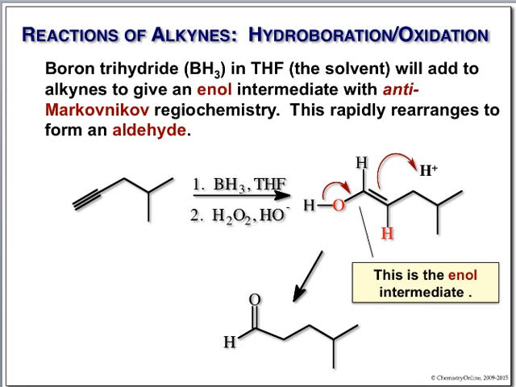Now, you don't always get an aldehyde with hydroboration oxidation, but clearly if you have a terminal alkyne, double bonds here, carbons 1 and 2, you will form the aldehyde. Very simple tautomerization reaction. Again, we lose this hydrogen, pick the hydrogen up again on this carbon.